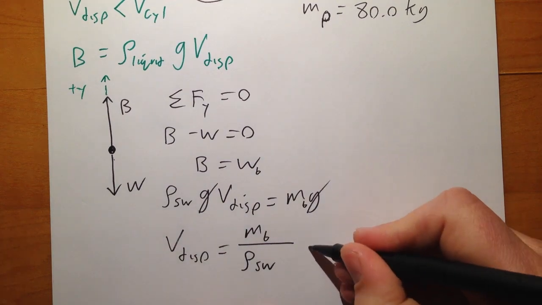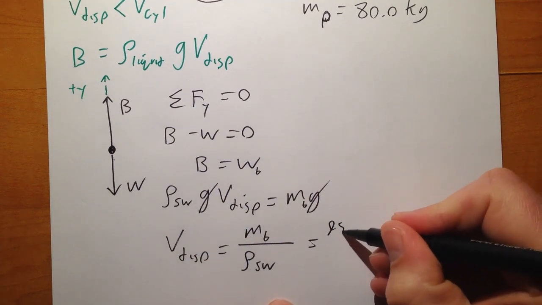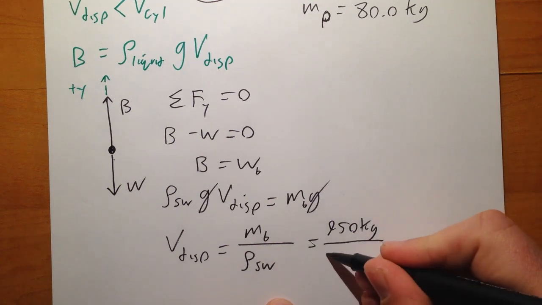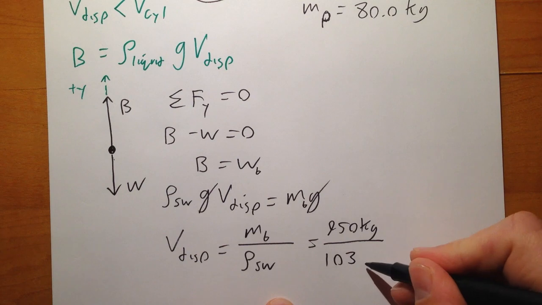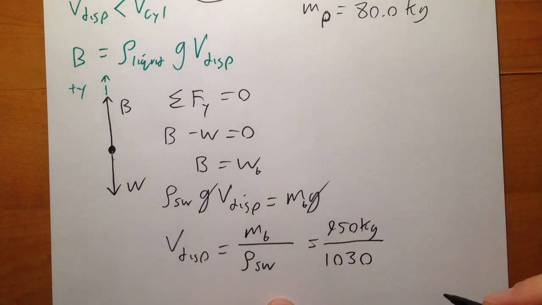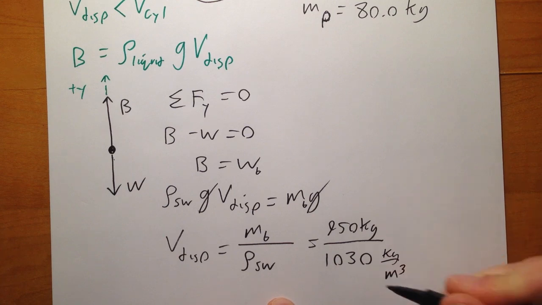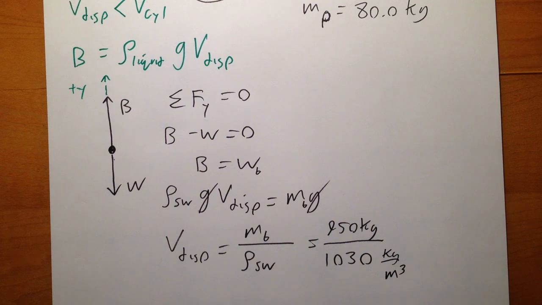Let's plug in. The mass of the buoy is 950 kilograms. The density of seawater we have to look up in the table in the chapter. It's 1,030 kilograms per cubic meter. Seawater is slightly more dense than lake water or tap water, which has a density of 1,000 kilograms per cubic meter. You float a little bit more easily in seawater.